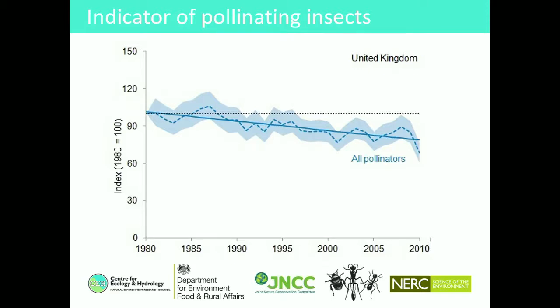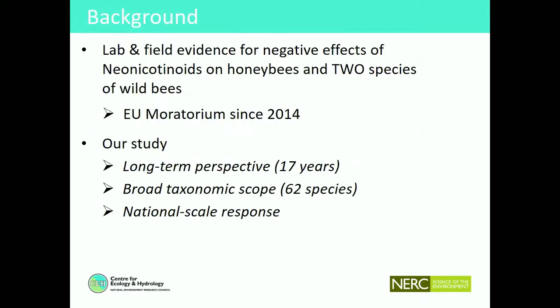So we've got a picture of declining bees, and we've got some concern about these pesticides. And there's some evidence now from a number of studies of negative impacts of neonics on honeybees particularly, and also on two species of wild bees, the buff-tailed bumblebee and the red-tailed mining bee, I think.